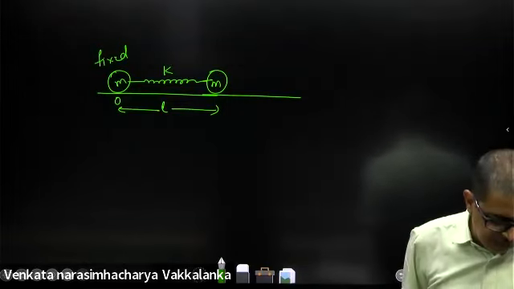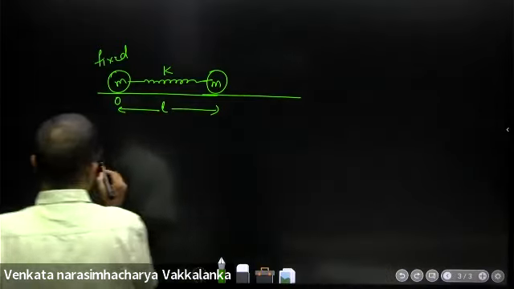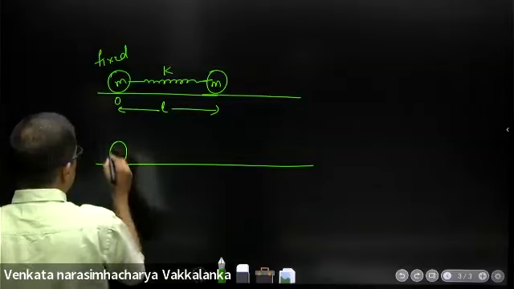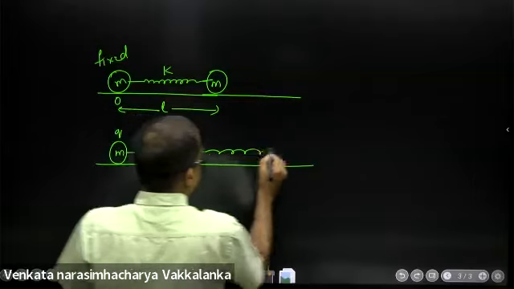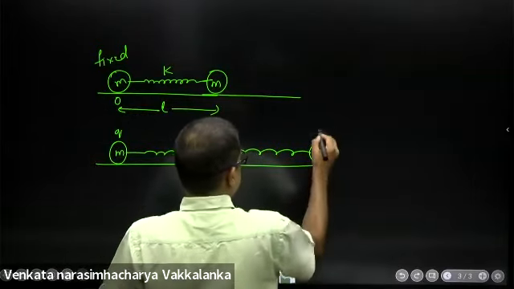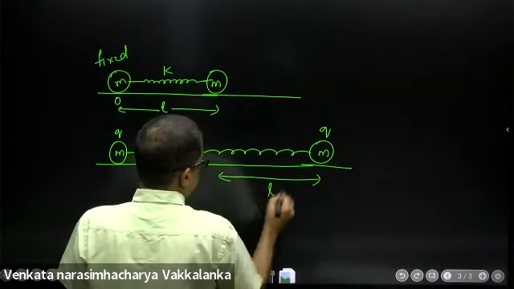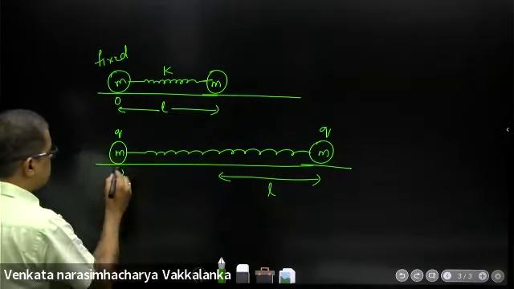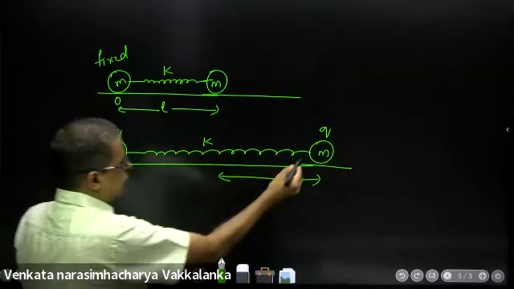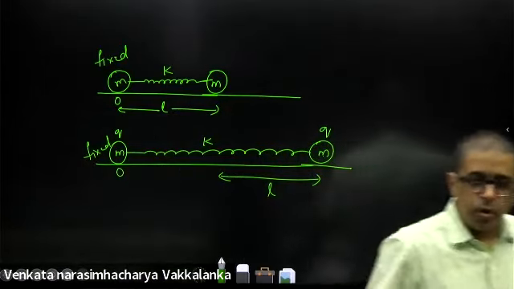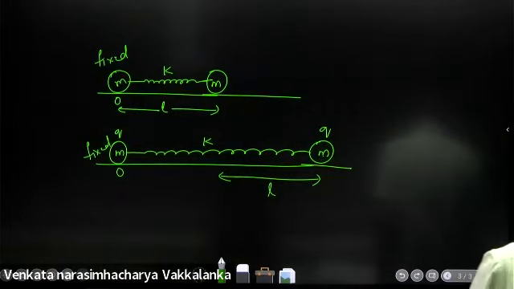The two bodies are given equal charge. This is also given charge Q. As a result of which, the spring will stretch by a distance of L. They are given equal charge, so as a result of which, the other body will move by a distance of L. Right?